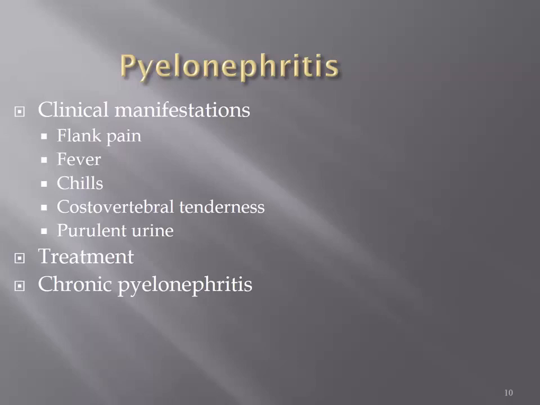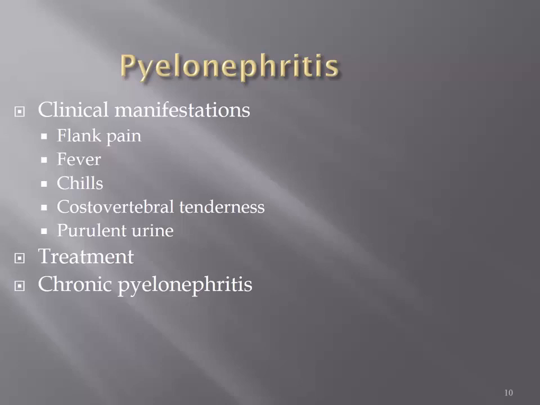Flank pain, fever, chills, CVA tenderness, and CVA tenderness we all know from the undergraduate assessment curriculum how to test. But if the patient has CVA tenderness and flank pain, then it's a big exclamation point here that the patient may have pyelonephritis and needs to be treated.